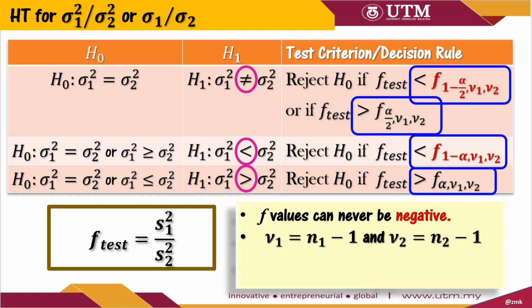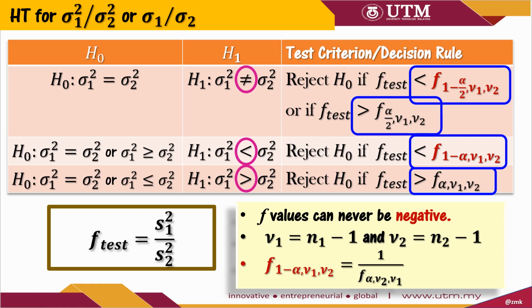And the final note, F critical values on the left are not directly available in the statistical table. Therefore, please use this theory: F1 minus alpha nu1 nu2 is equal to 1 over F alpha nu2 nu1.